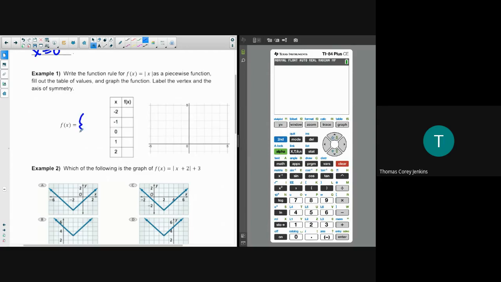If it's a V like this, I'll go ahead and show you how it looks. That's how the parent function is going to look. Then from here to here, or when x is greater than or equal to 0, the function rule is just y equals x.